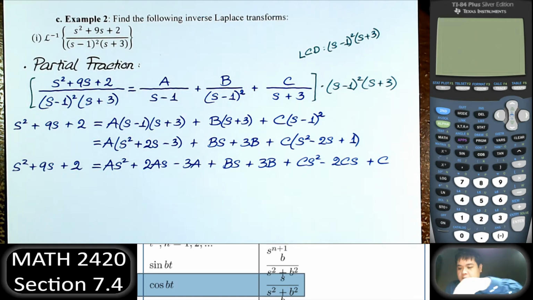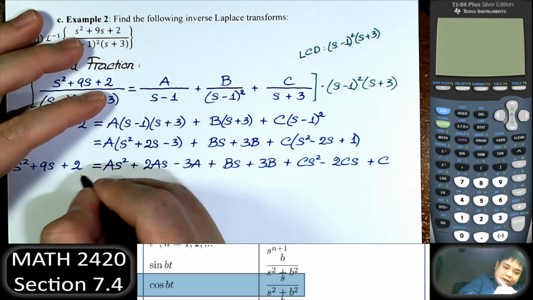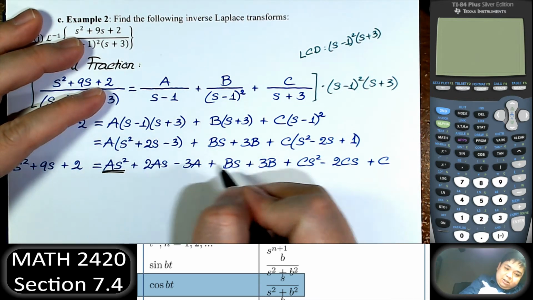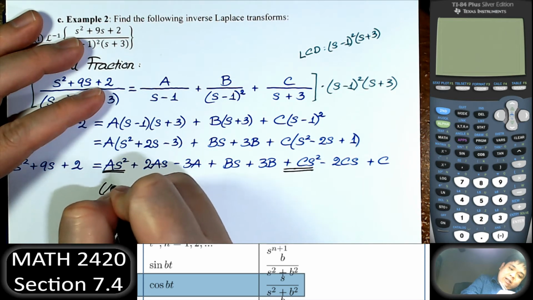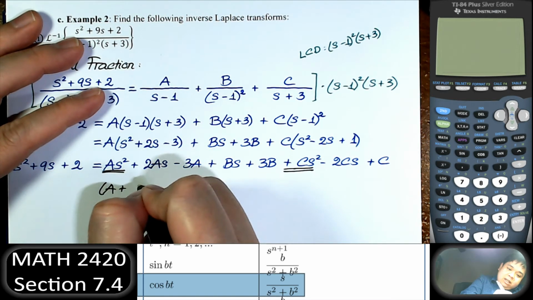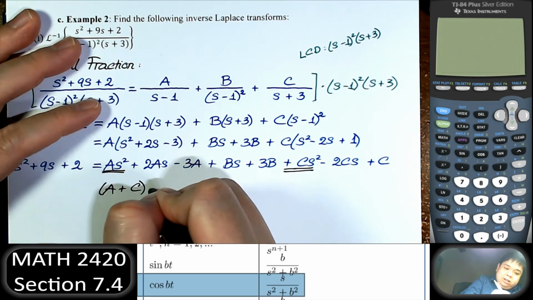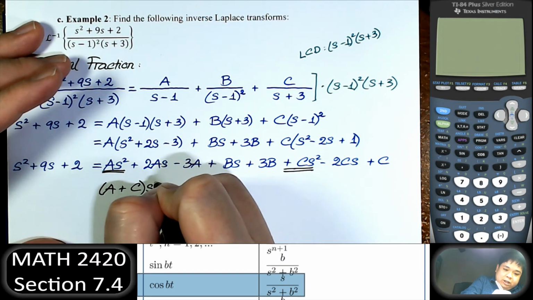First of all, let's group on the s squared. So we have A plus C for s squared.